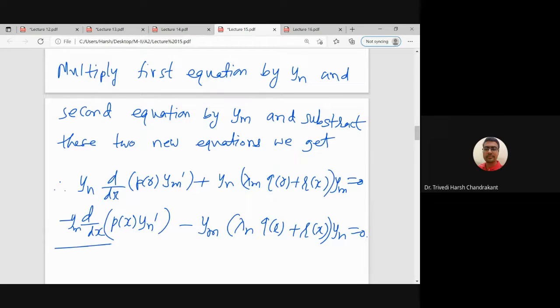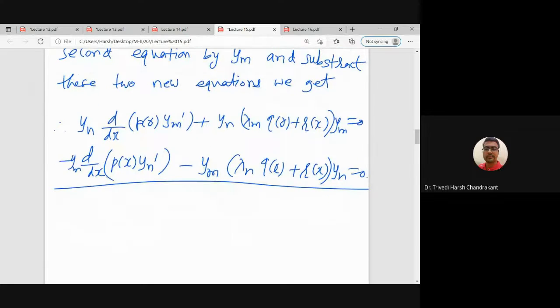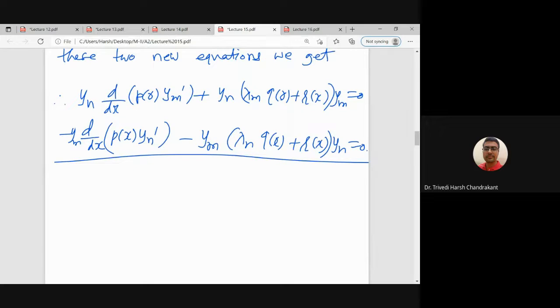Right, so now if we add these two equations, then what we shall get is only the second term, because the first term will cancel out because they have different positive and negative signs. That is the same term with different signs, so that will cancel out.